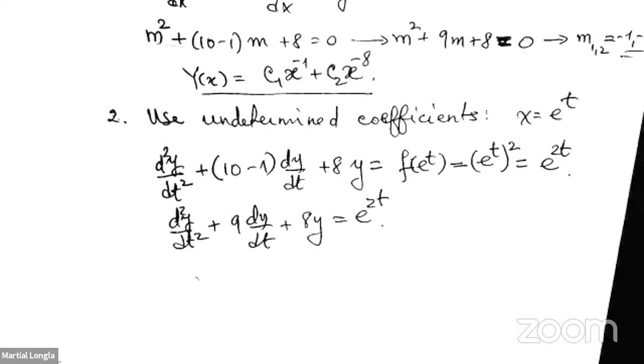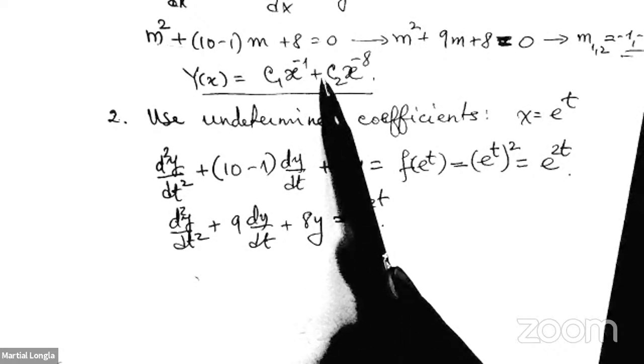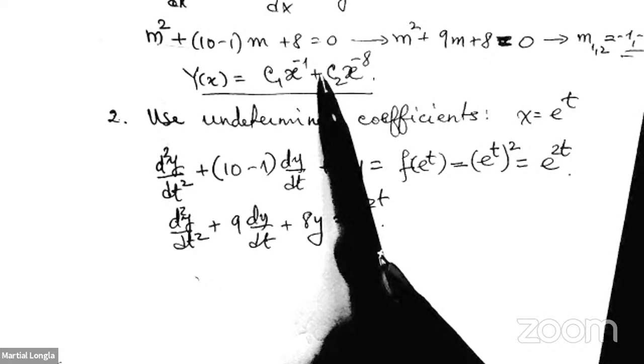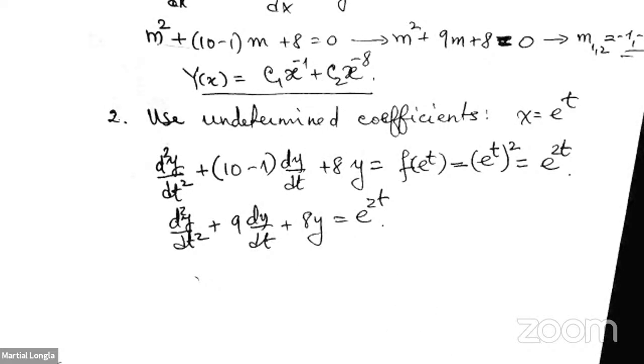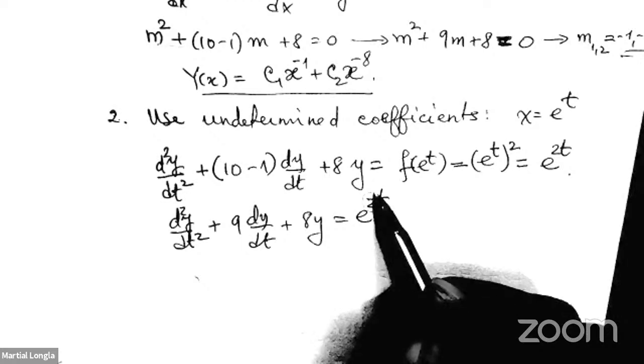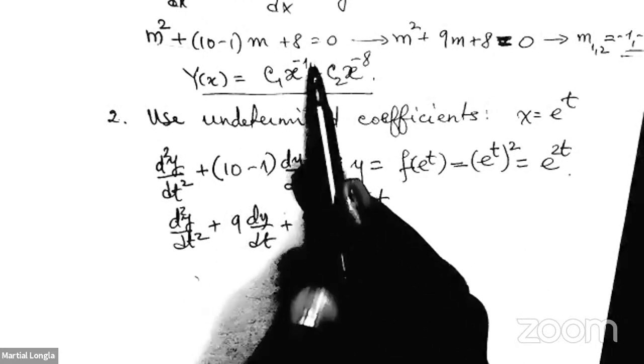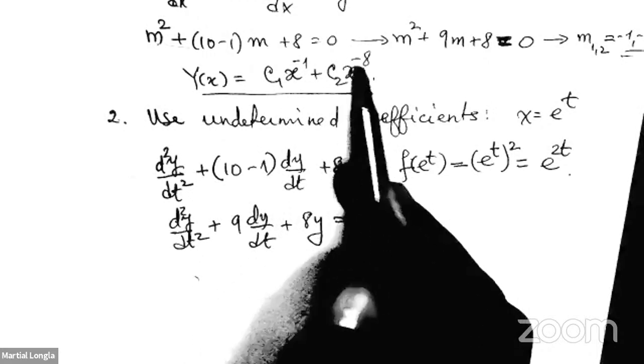Notice that we already have the solution of the homogeneous problem there, okay? And the 2 you have here is not any of these powers.